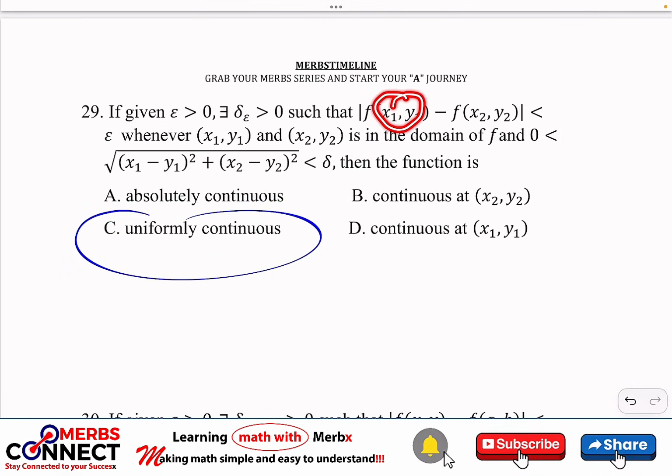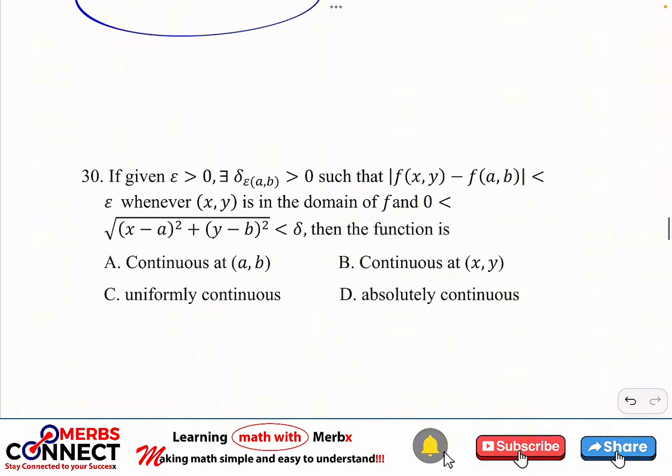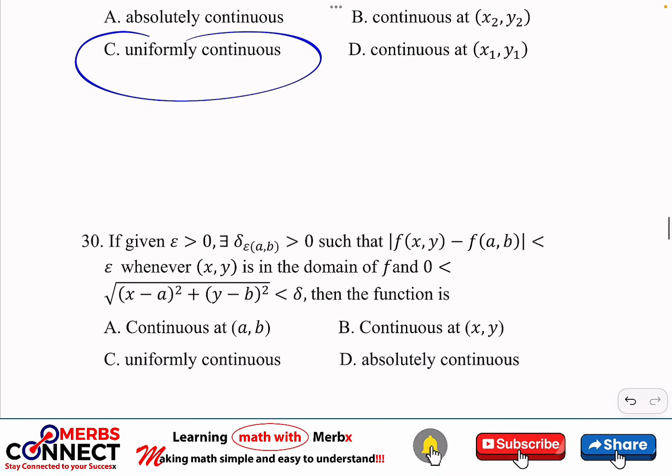So always look at what is here. Since we are picking a point from the domain, this is indeed going to be the uniform. And in this one, epsilon is greater than 0, but here delta depends on the point. So anytime that delta depends on the point, it means we cannot basically choose some points just randomly, because it depends on this. So we have this and we have this.